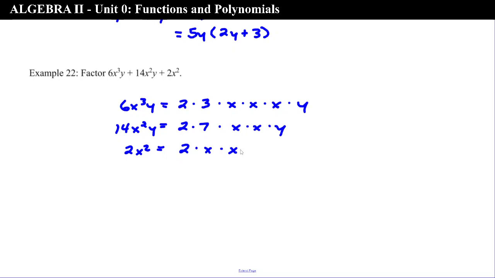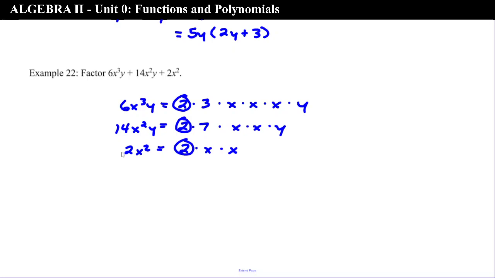Now this whole exercise I'm going through here of breaking everything down, you're going to get to the point where you don't need to do this. And in fact, if you're already at that point, then that's great. I'm just showing you what the process is. This is a process that you can very well do mentally when you're trying to find what the greatest common factor is. 6, 14, and 2 are all even, so obviously 2 is something that's going to be pulled out of all 3 of those, right?